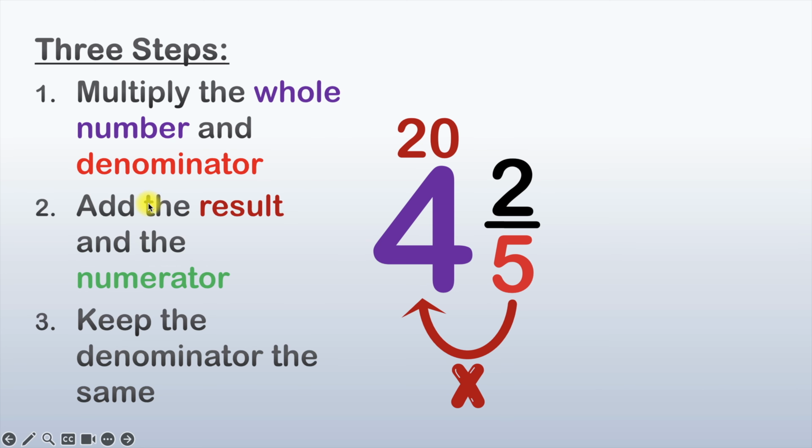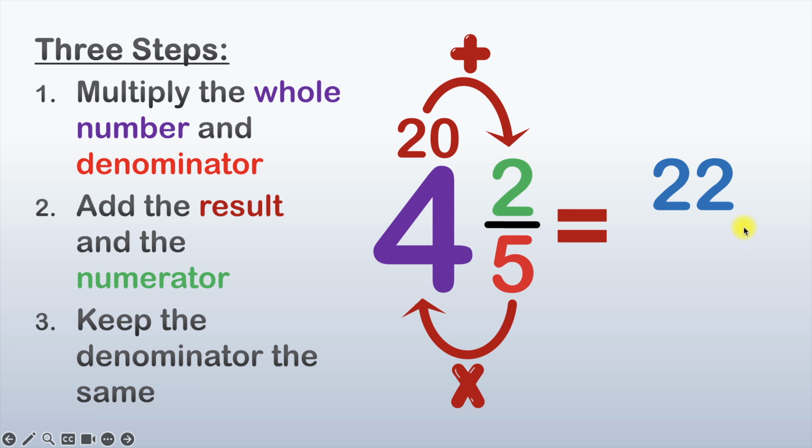That brings us to step 2, which is to add the result and the numerator. Our result was 20, and our numerator is 2. So we'll add 20 plus 2, and that equals 22. And finally, we'll keep the denominator exactly the same.